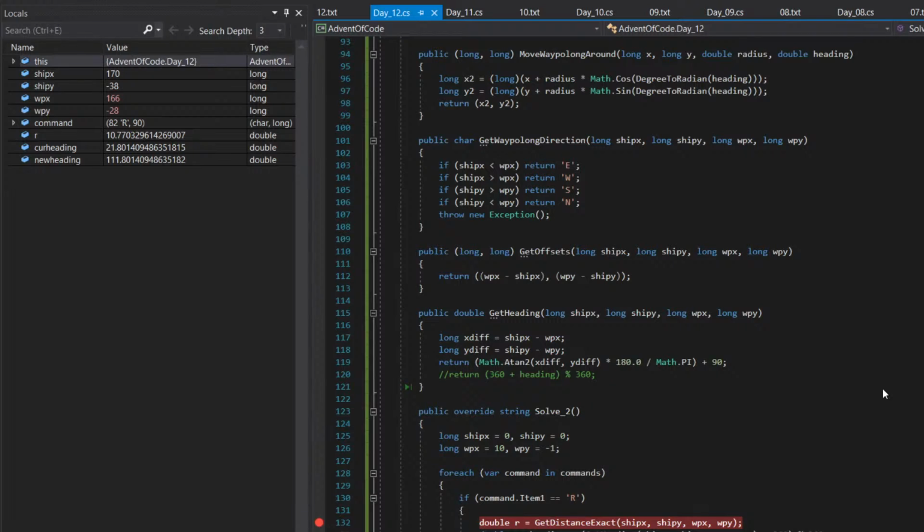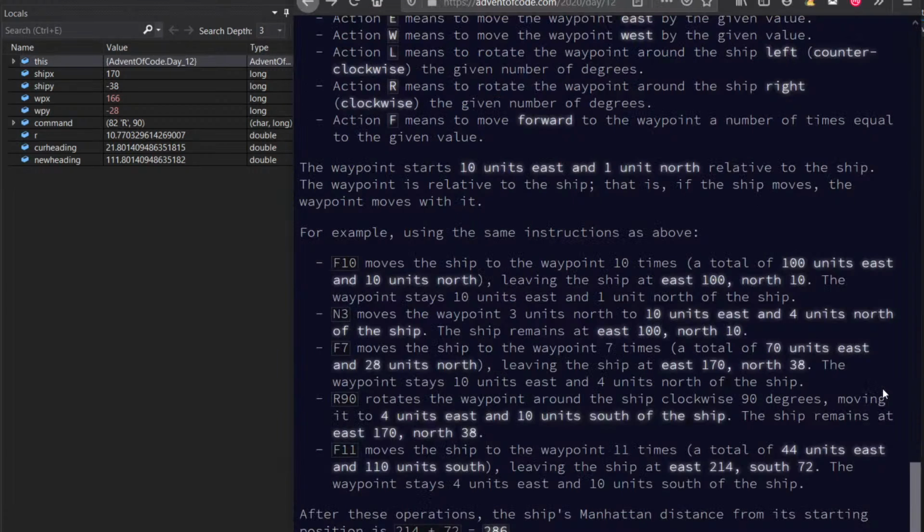We've moved 4 units to the left of the ship, which is 4 units west. Four units east, 10 units south.